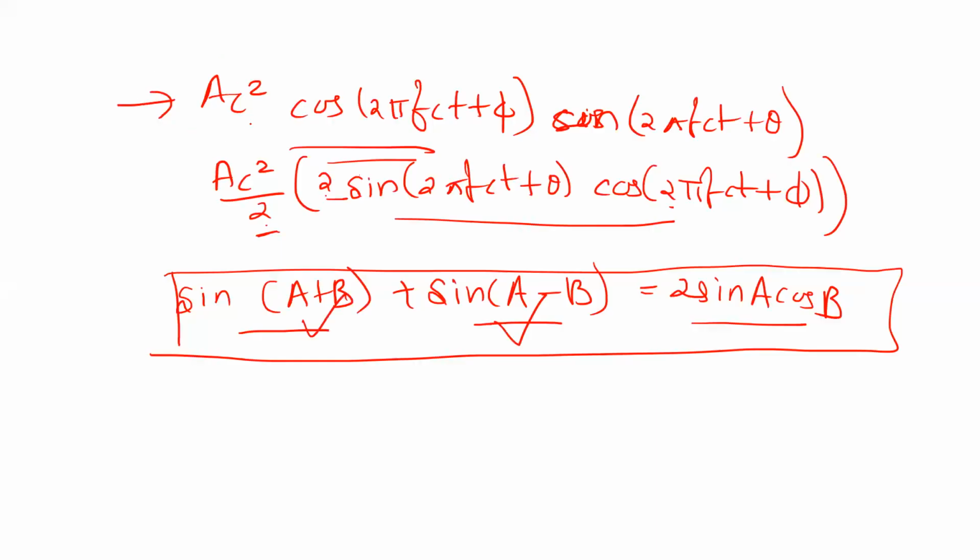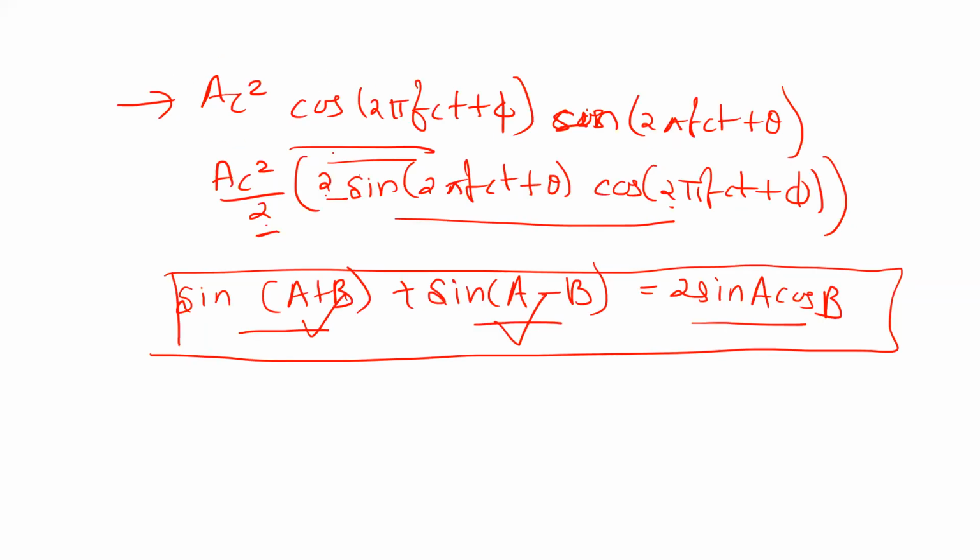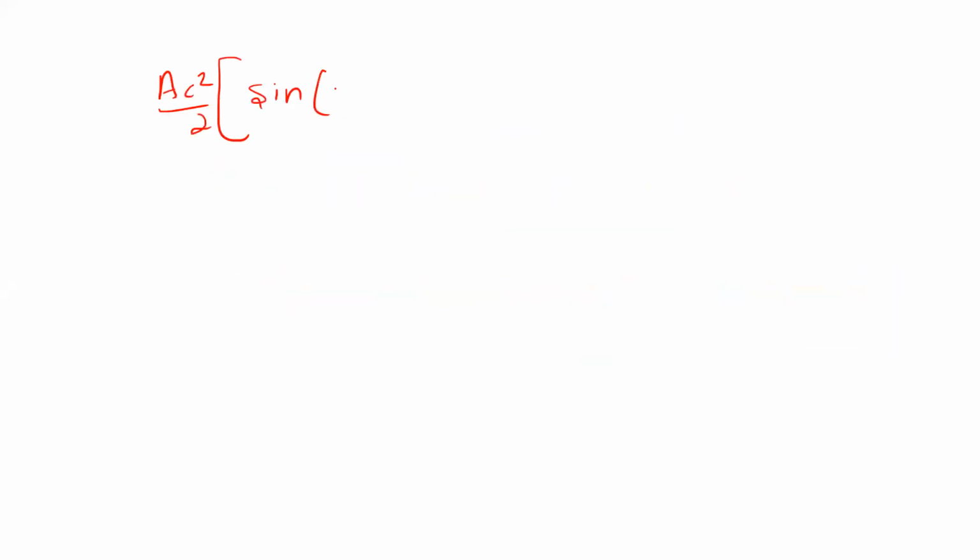If we divide by 2, sin(A+B), that is sin(4π f_c t + θ + φ), plus sin(A−B), that is sin(θ − φ).